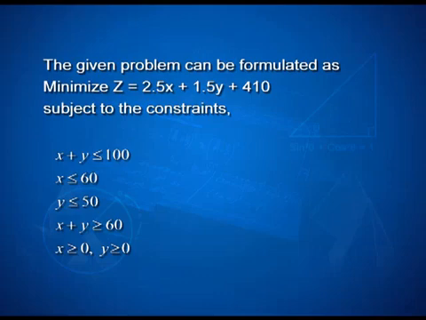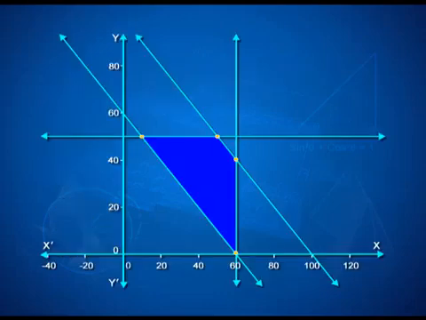In this case, I have mainly 4 linear inequalities to understand. x plus y less than or equal to 100, and the other line as you plot would also be parallel to x plus y, and one of them is a vertical line, the other is a horizontal line. When you take the testing point maybe for all of them as the origin, you will be able to locate the feasible region, which in this case turns out to be a nicely bounded region.